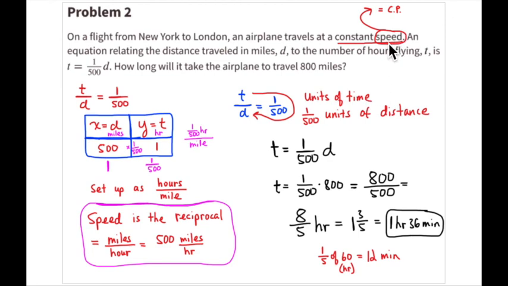No one talks about pace. But just be aware of that a little bit. So miles per hour, the number of units of miles is 500 times the units of hours. So 500 miles per hour. And you don't really have to worry about this too much. Just pay attention to what's going on here.